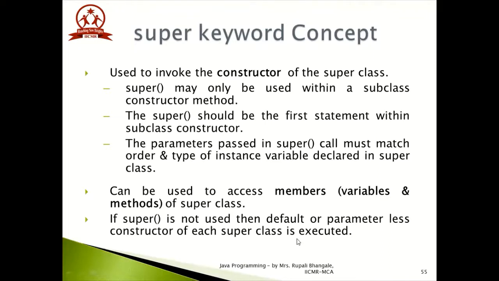So that is how your super keyword can be used to invoke parent class variables, parent class methods, or the parent class parameterized constructor. But if you do not mention any superclass constructor call, the JVM will still make its own superclass constructor call automatically.